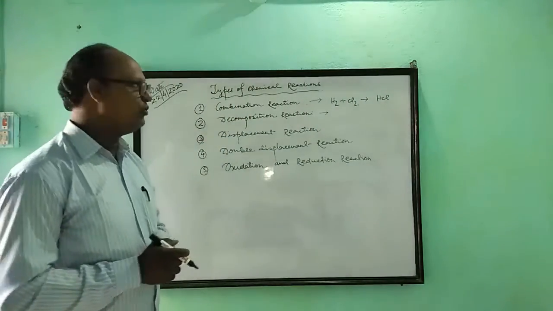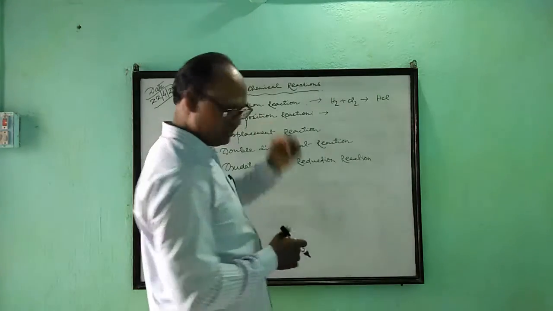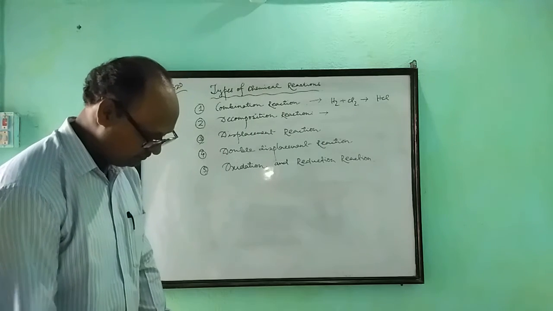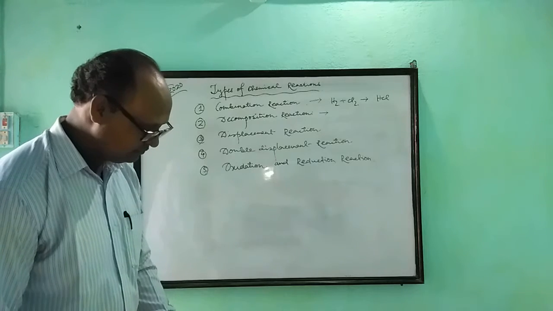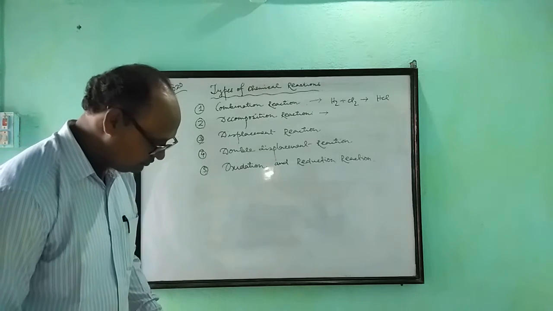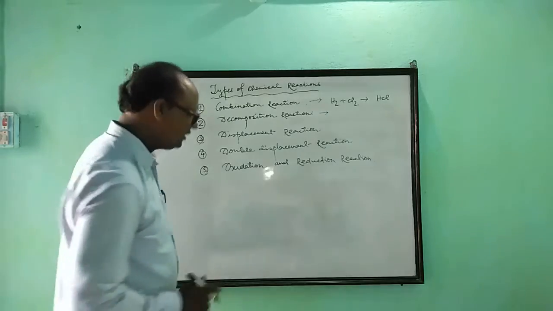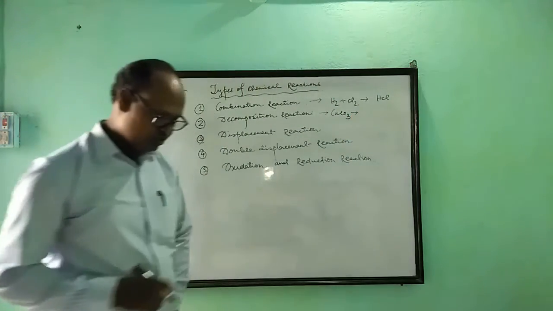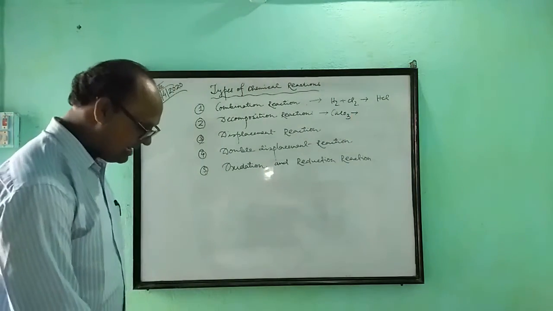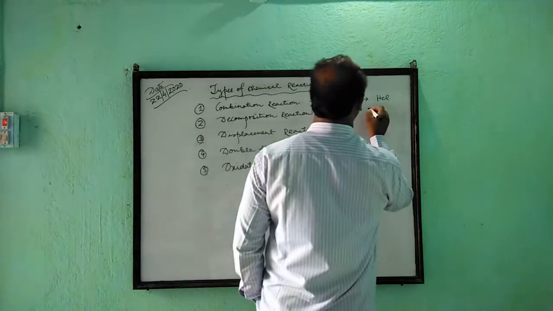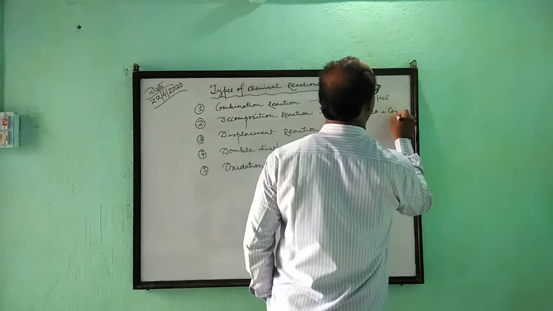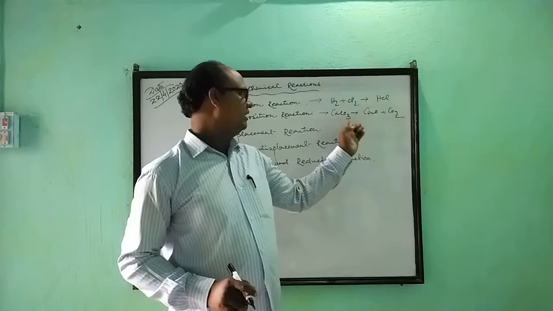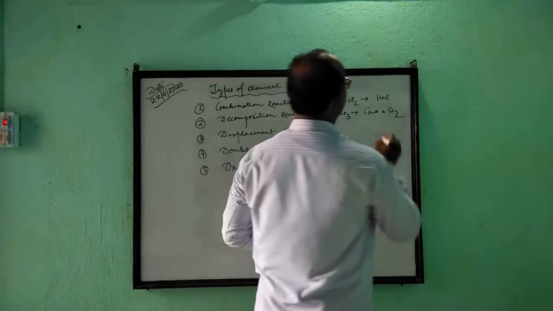Decomposition reaction is just opposite of the combination reaction. Like CaCO3 decomposes to... This is calcium carbonate, which decomposes or breaks down into calcium oxide and carbon dioxide.